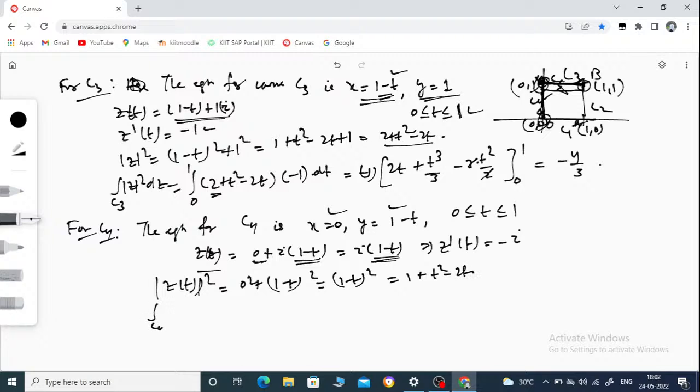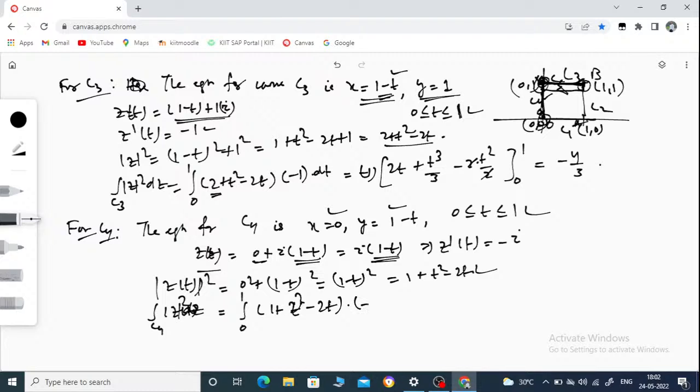So if I evaluate the integration over C4 of mod z square dz, t varies from 0 to 1, and mod z square is 1 plus t square minus 2t, into z dash t.